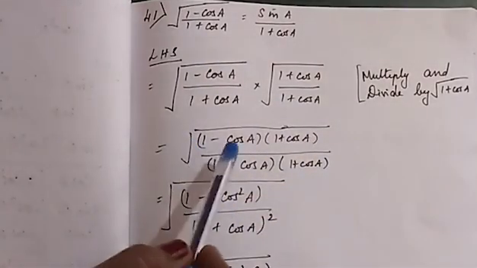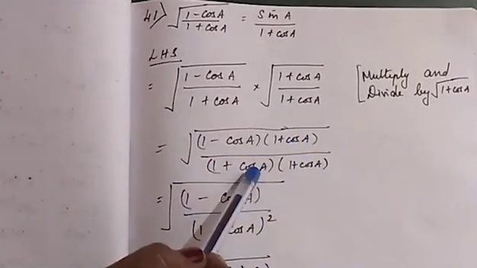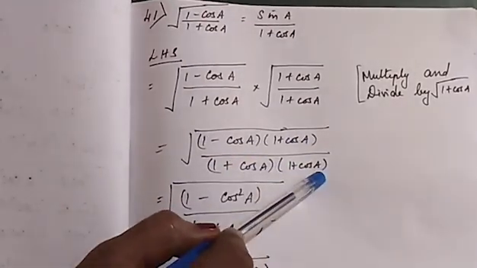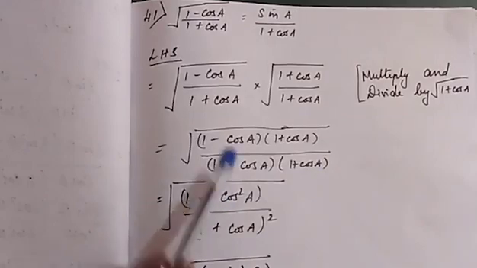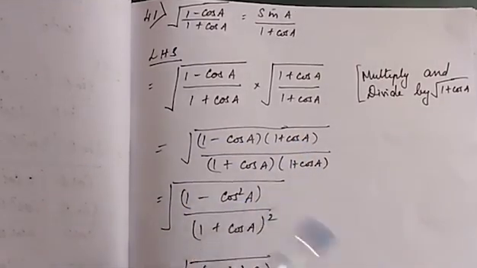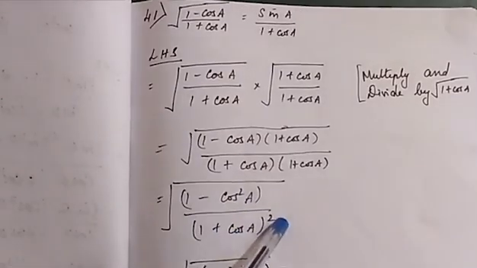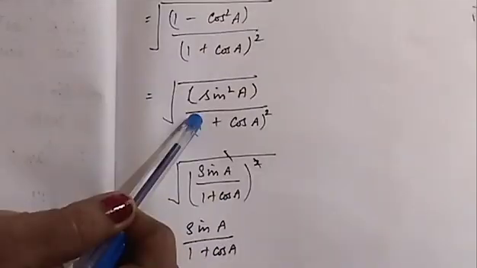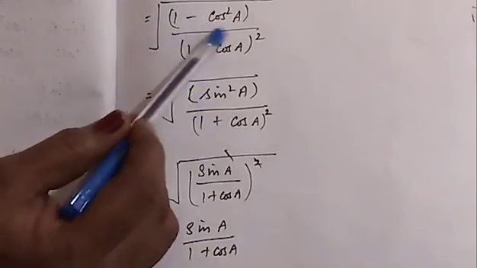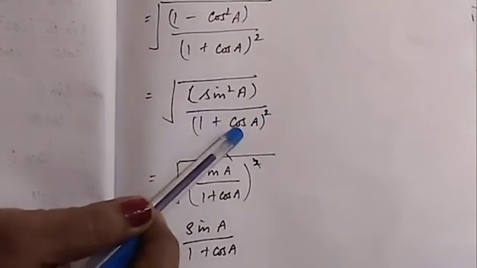So write 1 minus cos A into 1 plus cos A upon 1 plus cos A into 1 plus cos A. So it is forming A minus B into A plus B is equal to A squared minus B squared. Under root 1 minus cos squared A upon 1 plus cos A whole square. Now 1 minus cos squared A, can you write sin squared A? Upon 1 plus cos A whole square.